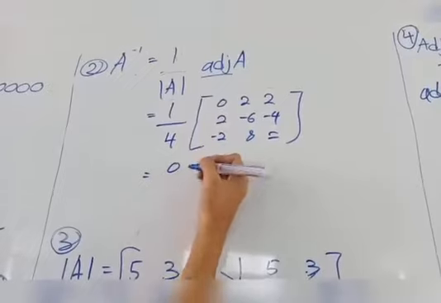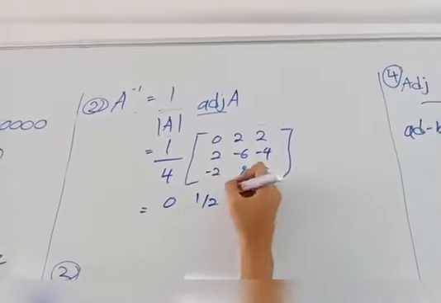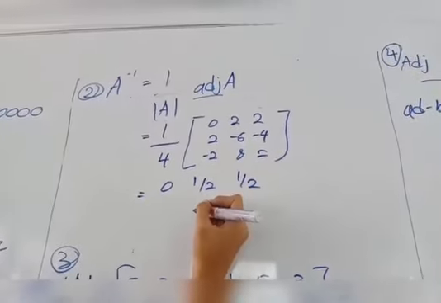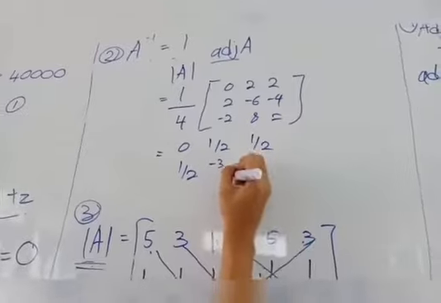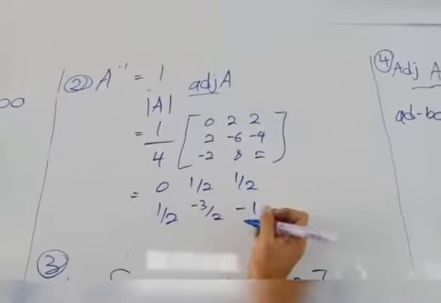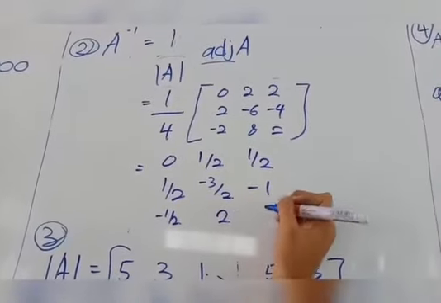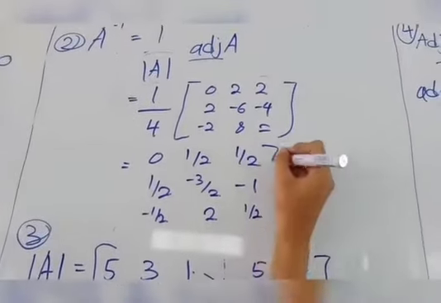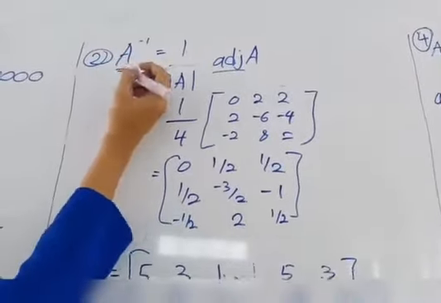This will be 0, 1 over 2, 1 over 2, 1, 3 over 2, 1 over 2, 2, and 1 over 2. So we have the A inverse.